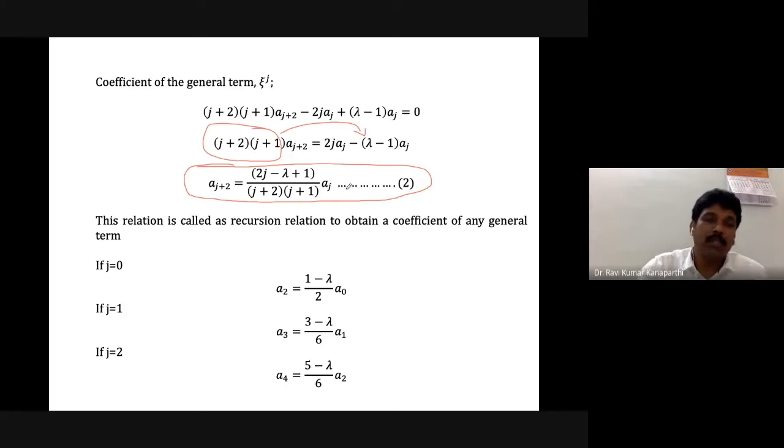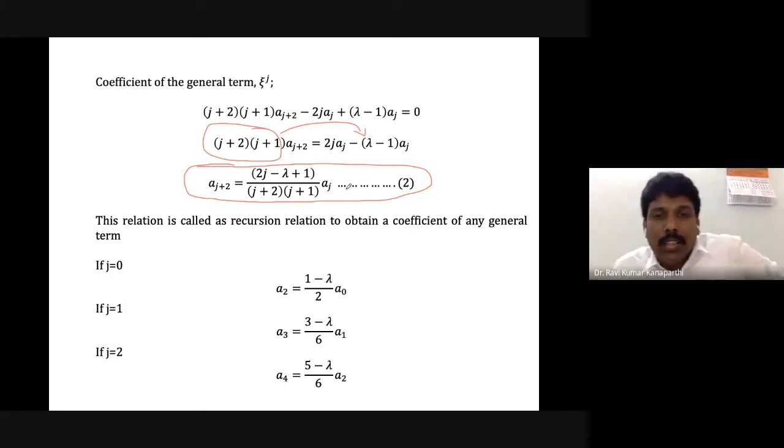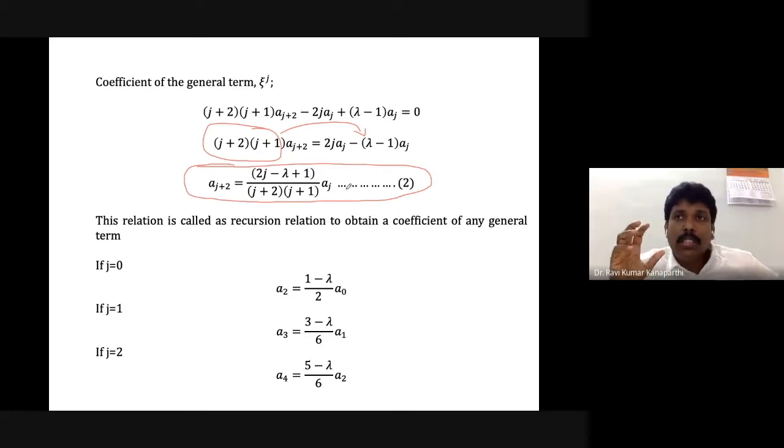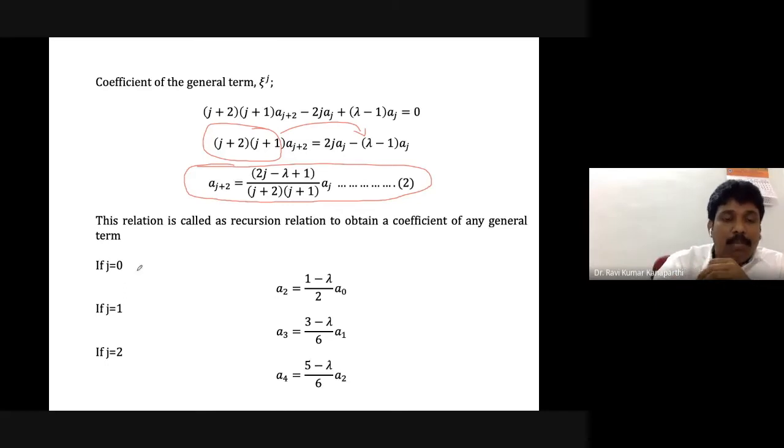This is known as a recursion relation because it relates a_{j+2} and a_j. If I know a_j precisely, then it is possible to evaluate a_{j+2}. Let me elaborate with an example.